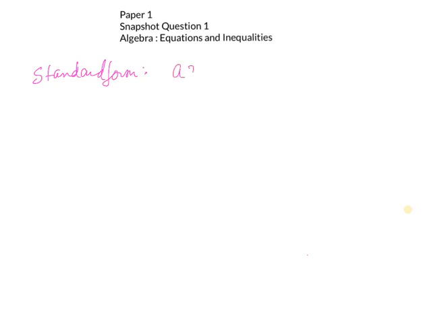Be very careful here, we must understand the standard form. First term is the second power of x, and then is the x, and then is a constant. So first term is x squared, second term is x, and the last term is the constant. That's the standard form of a quadratic equation.